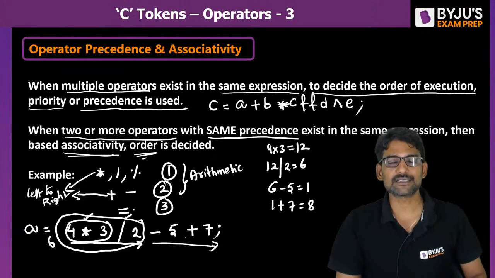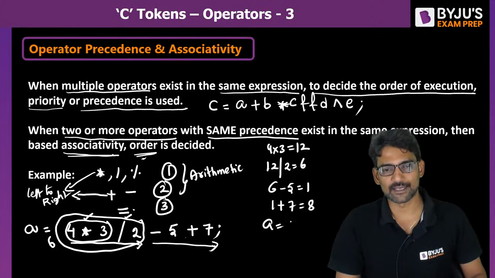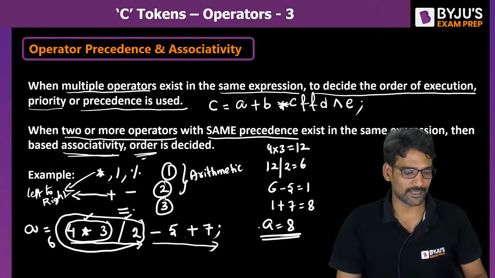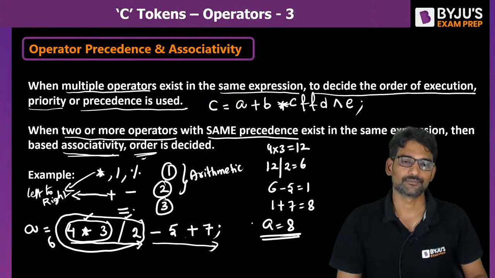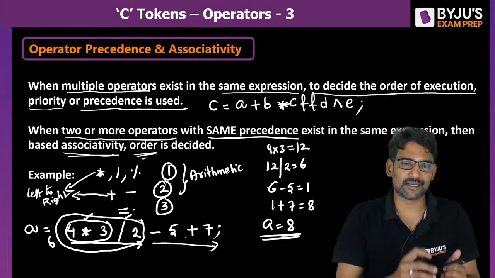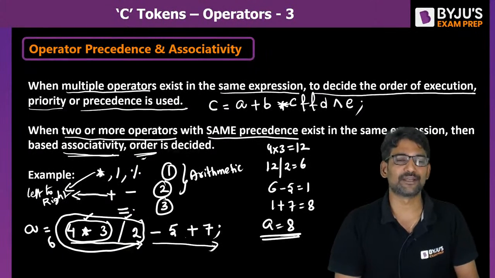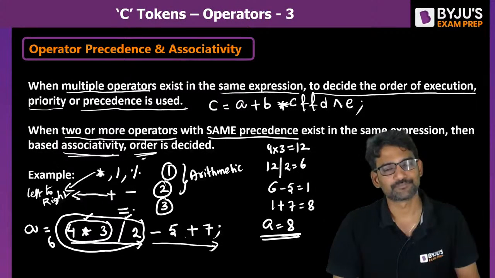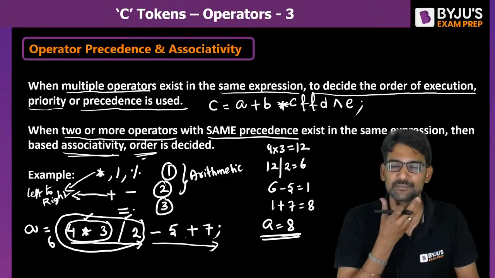At last the assignment, so the value of A will be 8. With this simple example, do you understand the meaning of precedence and associativity?